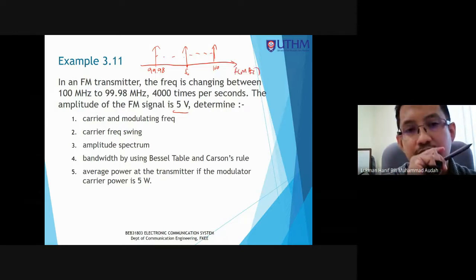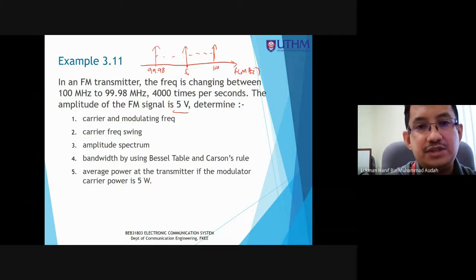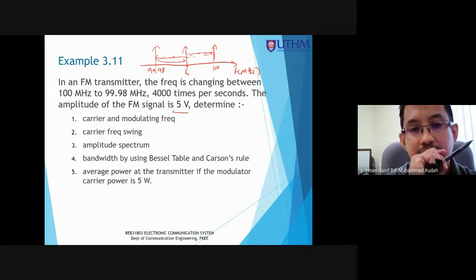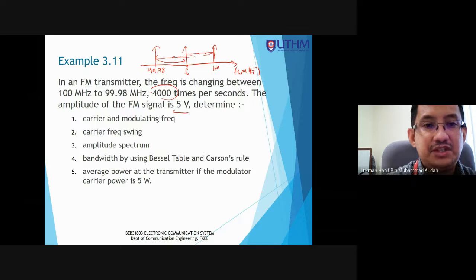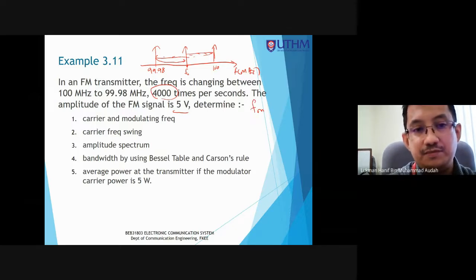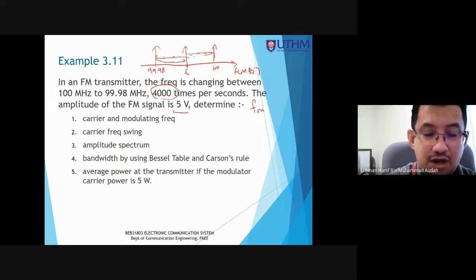And you are given that these oscillations happen 4,000 times per second. So 4,000 times here refers to the modulating signal frequency. And the amplitude of the FM signal is 5 volt. That means this is 5 volt. This is referring to the DC.